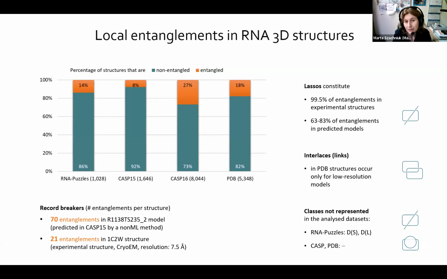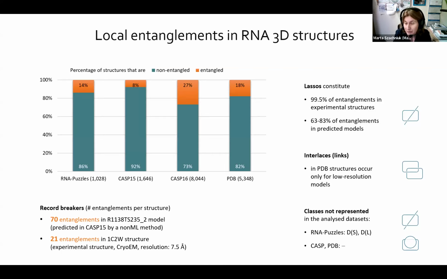Although we still can find structures with entanglements everywhere. Some structures contain more than one entanglement, and the record breakers we found were like 70 entanglements in one model that was predicted in one of the CASP competitions.